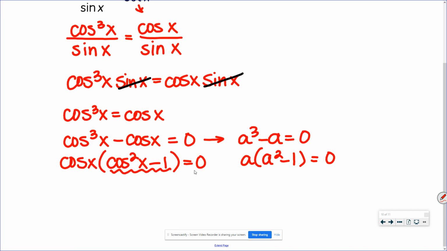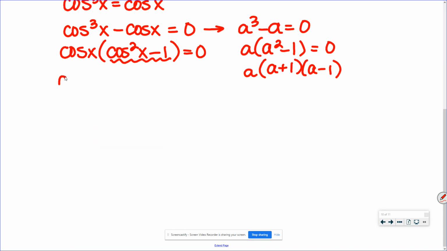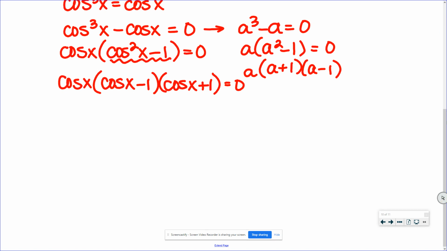I can factor this even further because this would be like a plus 1, a minus 1. So I better do that. Let's do that one more step. So I'm going to end up with cos of x, and then this would be cosine of x minus 1 times cosine of x plus 1. Okay, so we've got it factored all the way down.